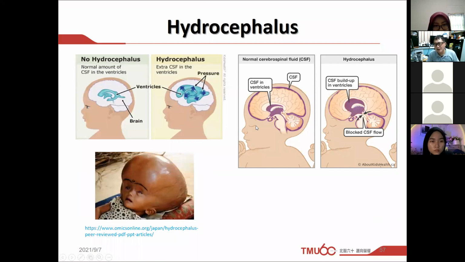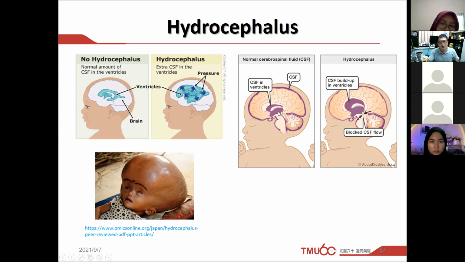Some babies develop a problem. This is the place that manufactures CSF. It's supposed to put the circulation going to the whole cranium here. If they block here, what happened?